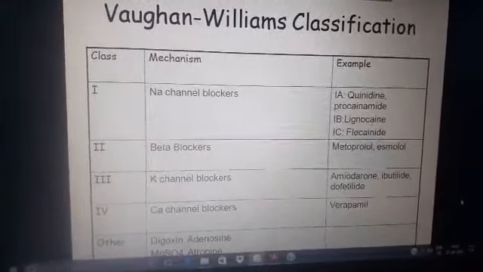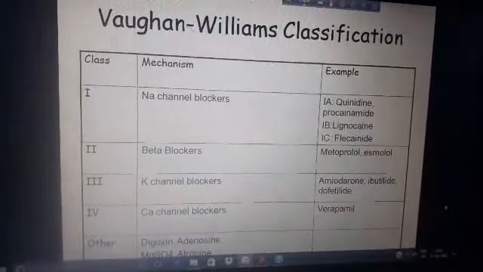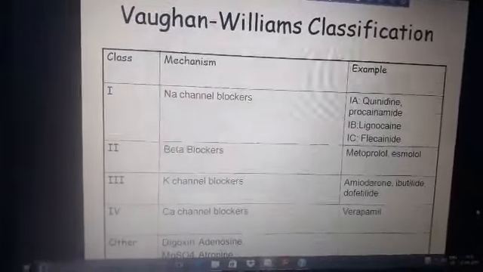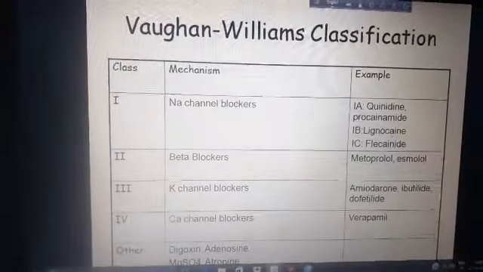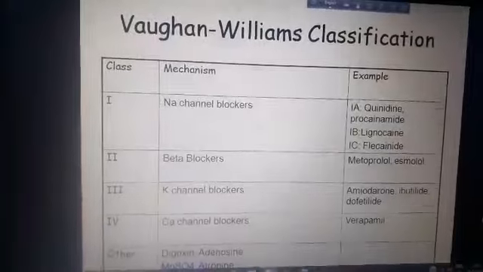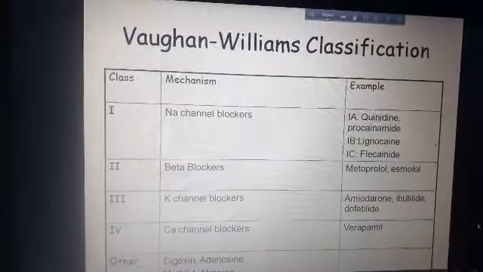So number one is sodium channel blocker. That means it will block the phase 0 of the non-pacemaker tissue. There are three classifications, 1A, 1B, 1C, depending on their effect on the slope of the action potential, and on whether there is associated potassium channel blockade.